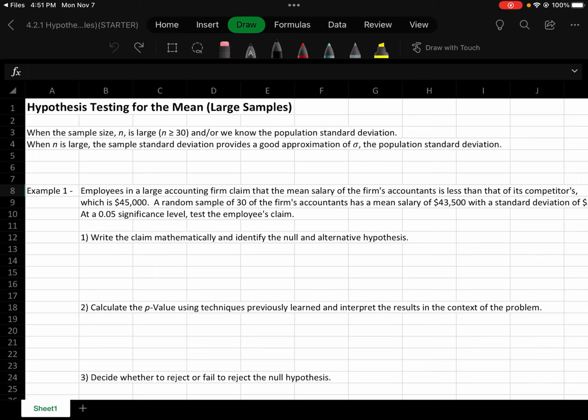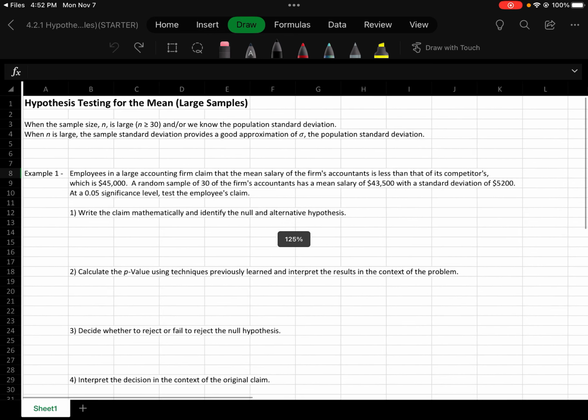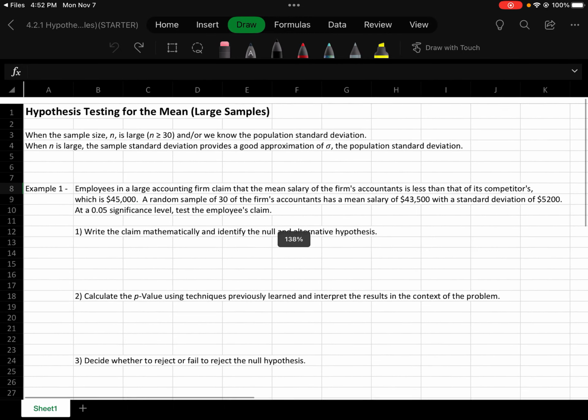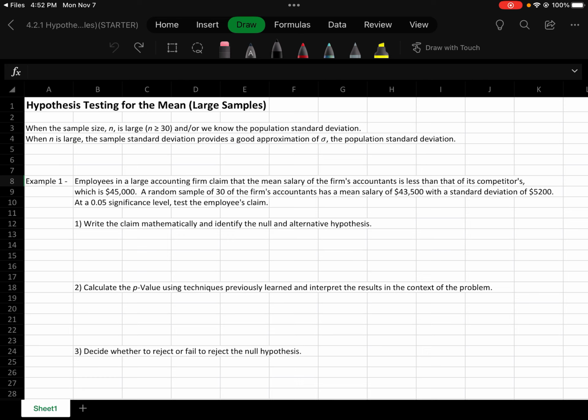So when n is large, in these types of problems, you're given the mean of the sample that we've taken, you're given the sample size, and sometimes you're given the population standard deviation. But the population standard deviation is not something that's readily available for most populations, since the whole reason we do sampling distributions is because we don't have a complete picture of the population.